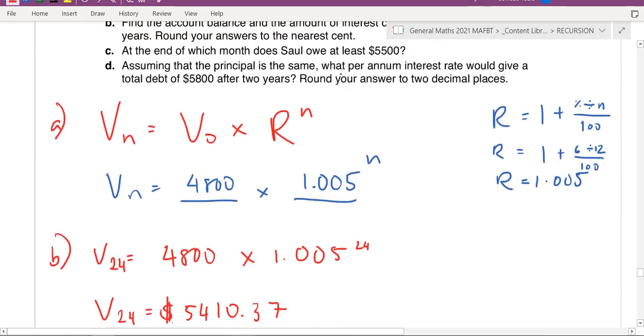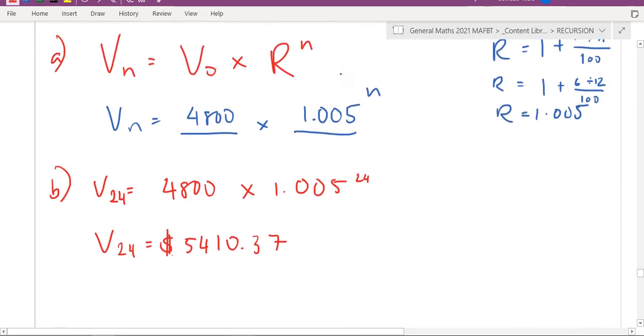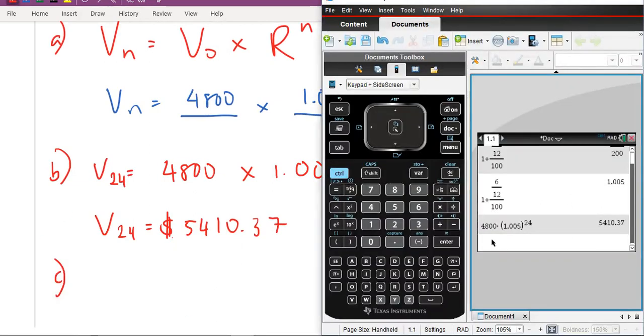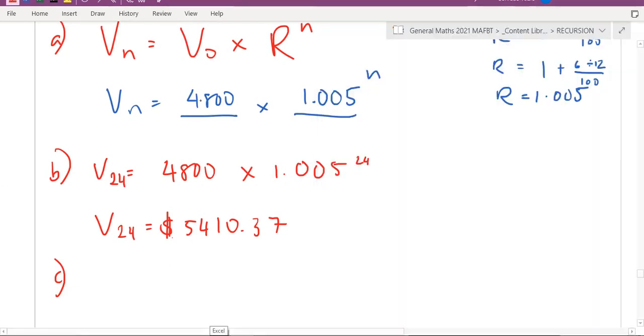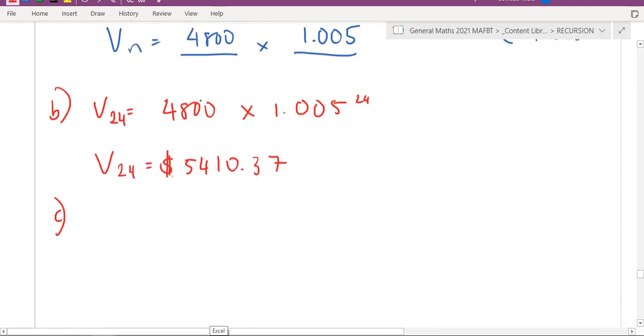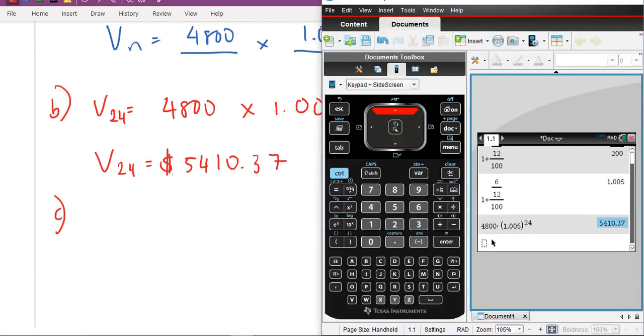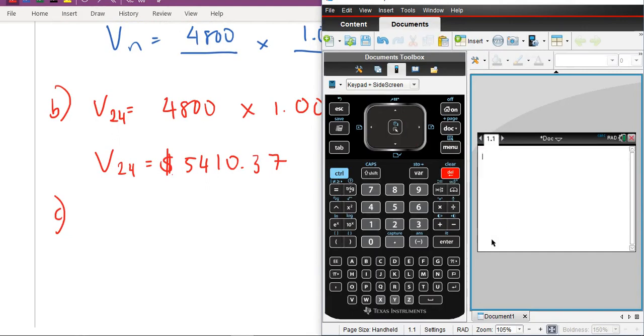At the end of which month does Saul owe at least 5,500? See here, use your calculator recursively. Look for the one that's below 5,500. On my calculator, just double check. You can use your formula for this using solve, but you can also do it this way. 4,800, and then times it by 1.005.